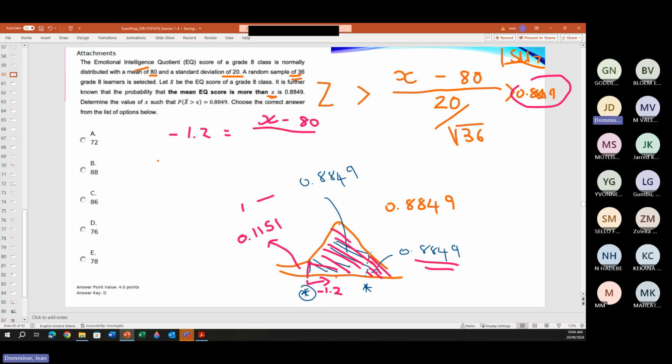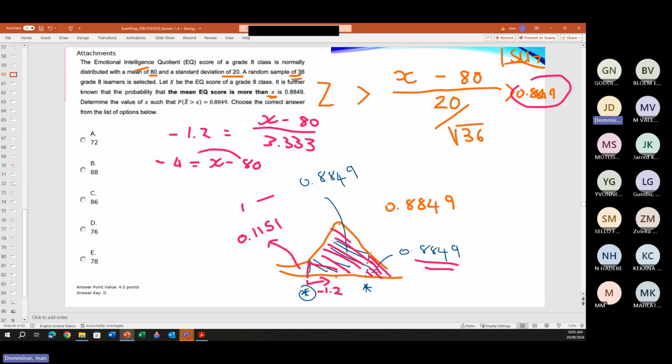over, and let's work that out. 20 divided by 6 is 3.333. So 3.333 times 1.2. Okay, so this side minus 4. That feels weird, but okay.